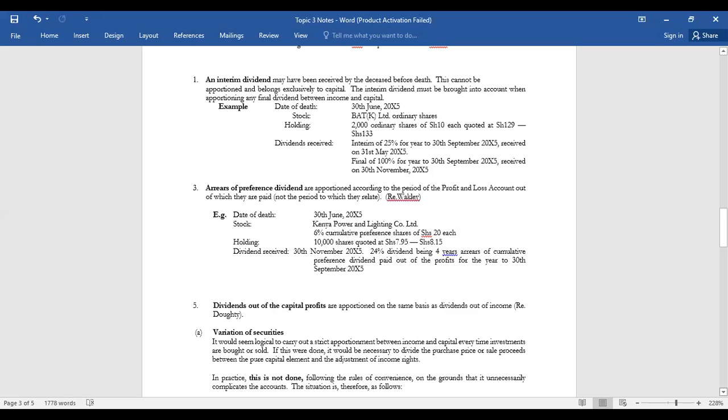Only that it was to be received on 31st May, but it cannot. It has to be paid at the end of the year with the final dividends. Are we there? So revenue recognition concept. We are realizing the revenue at the point of receiving it, not at the transaction date.